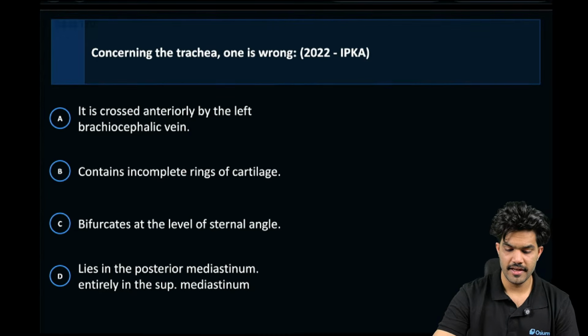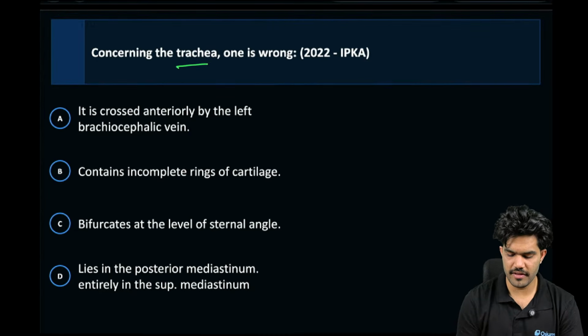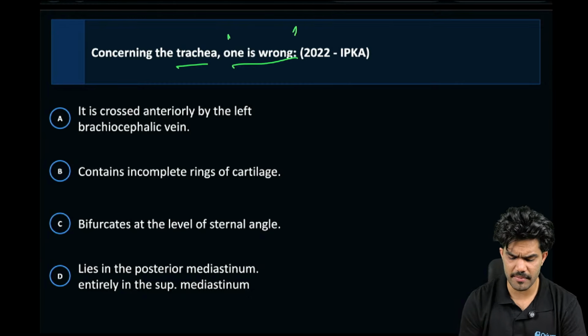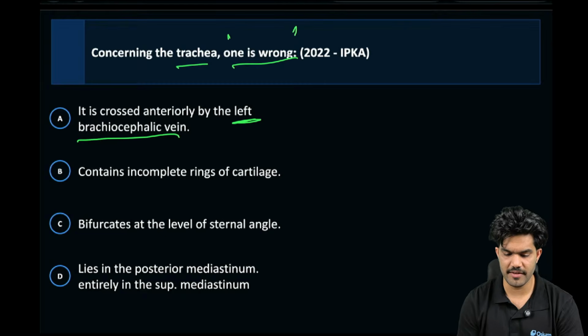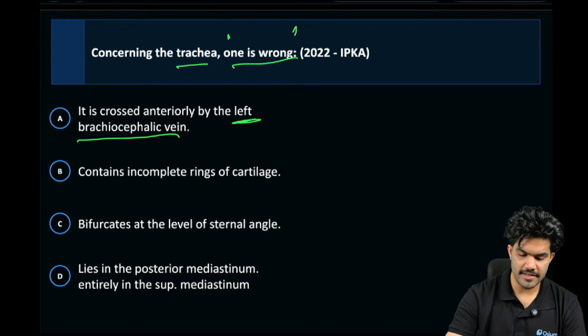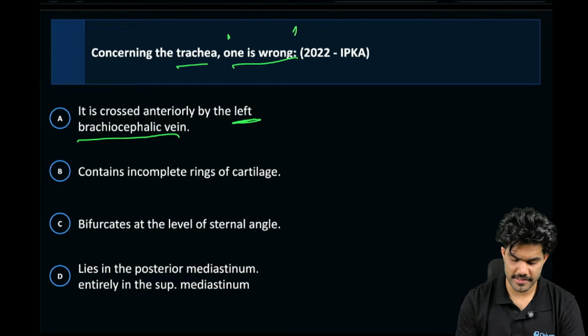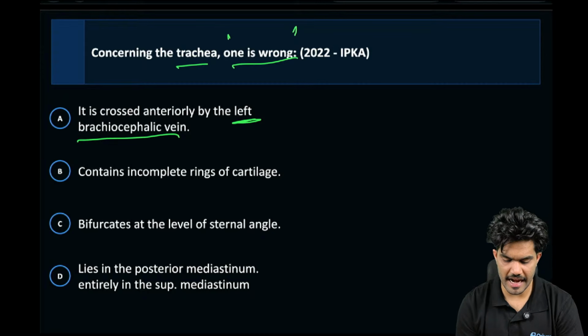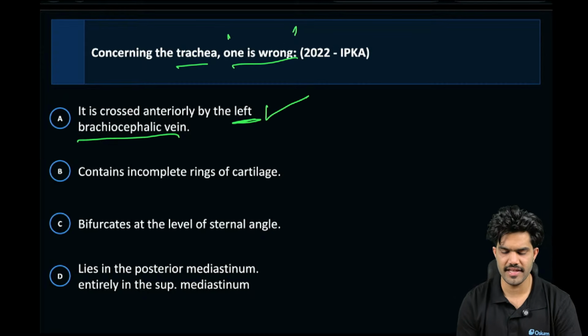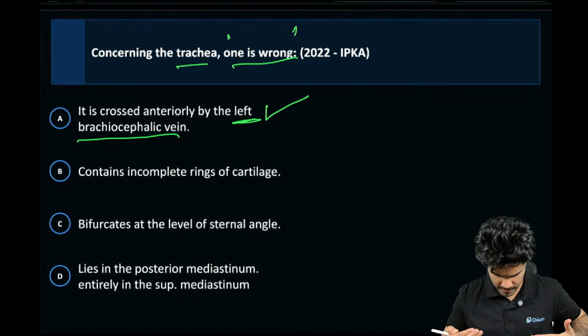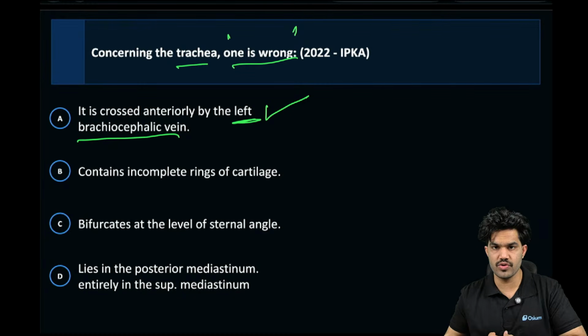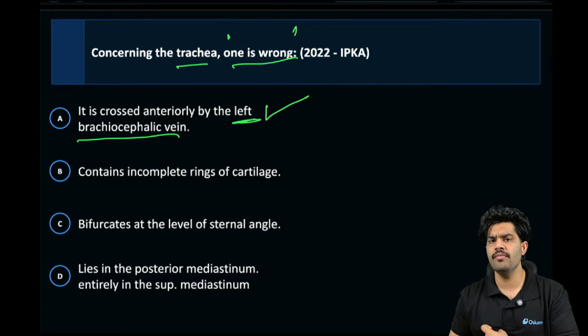Concerning trachea, let's see which is wrong. It is crossed anteriorly by left brachiocephalic vein. Yes. I have told you, left brachiocephalic vein has a long course to come into the right side to form what?